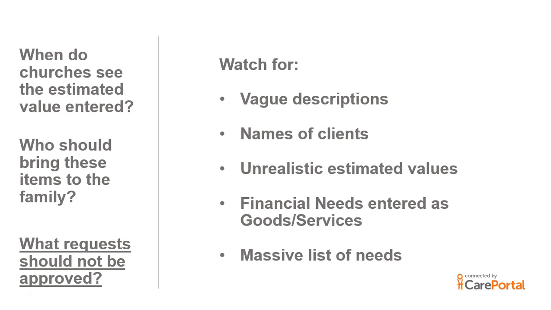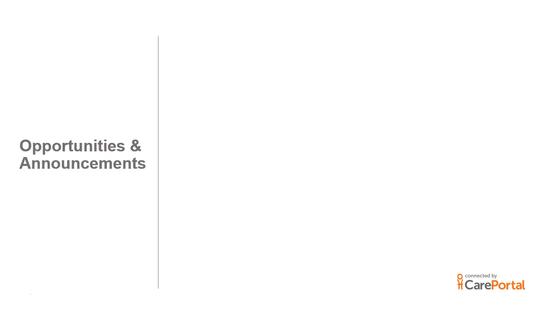And then we also want to avoid those massive laundry lists of needs. It just overwhelms the church, and they understand that there's going to be more than what gets them in the door with these families. We all know that they need more. We just need to get those first maybe 1 to 3 things shared so that we can begin helping these families.